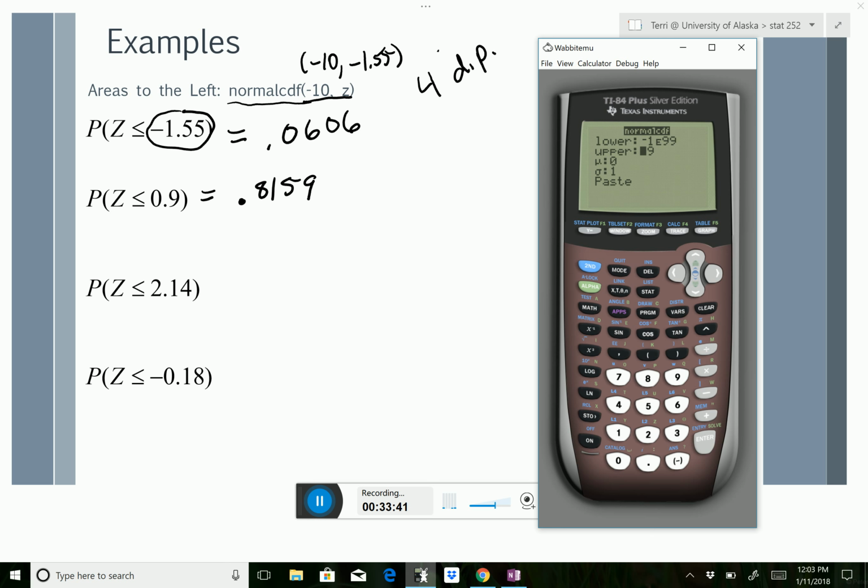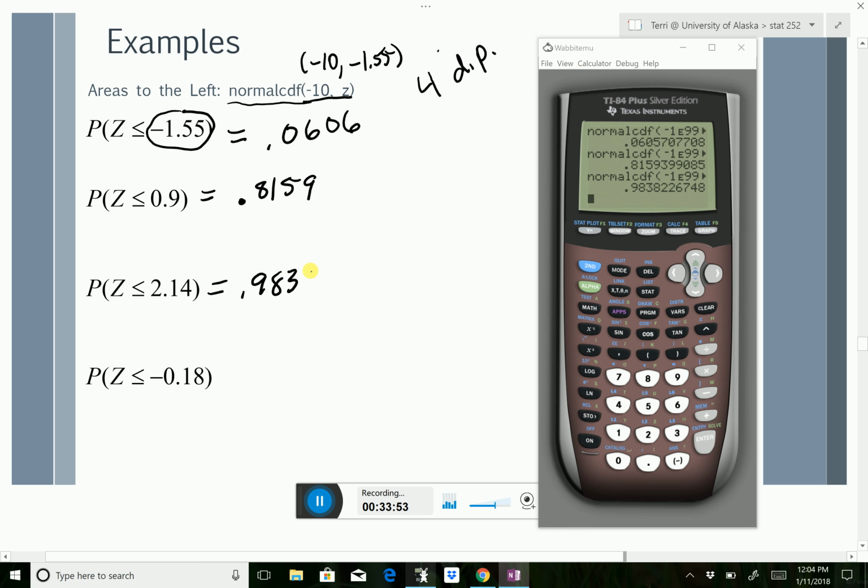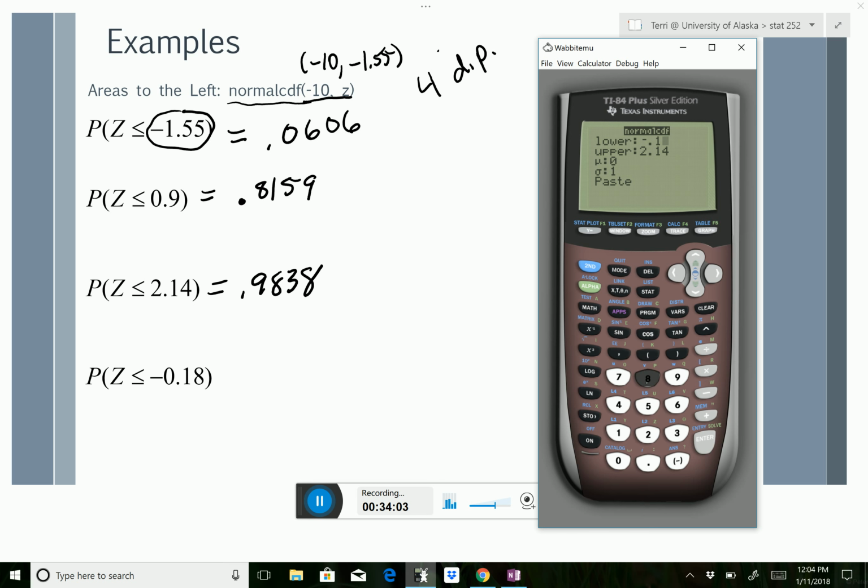Now we need to go up to 2.14. And that's 0.9838. And then let's do this final one. It is -0.18. Oops.